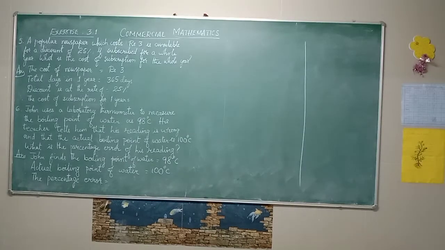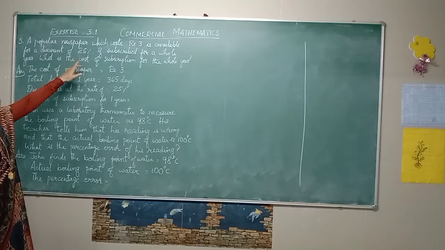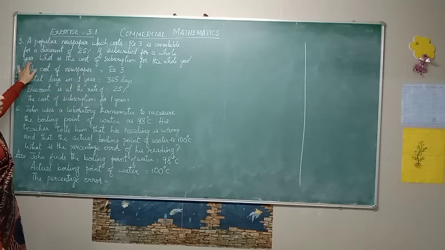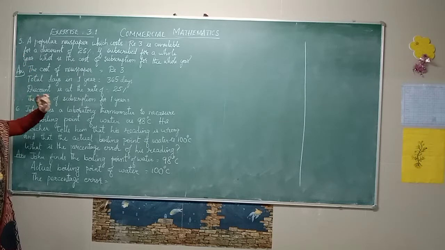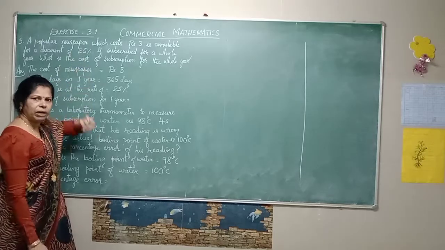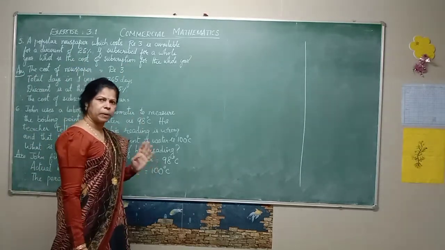Now let us see, children. A popular newspaper which costs rupees 3 is available for a discount of 25% if subscribed for a whole year. Only if you subscribe for 1 year, you get the discount of 25%. Otherwise, every day how much you have to pay? Every day you have to pay 3 rupees per paper.